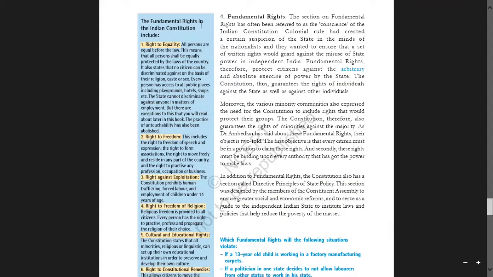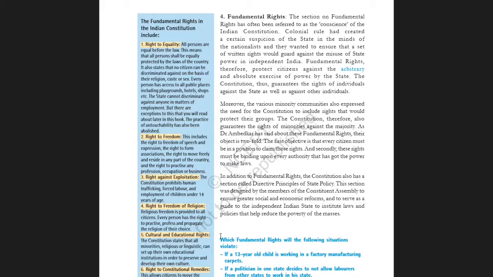This section was designed by the members of the Constituent Assembly in order to ensure greater social and economic reforms and to serve as a guide to the independent Indian state to institute laws and policies that help reduce the poverty of the masses. Poverty means poorness of the masses, all the people.